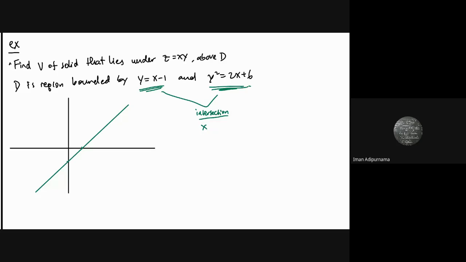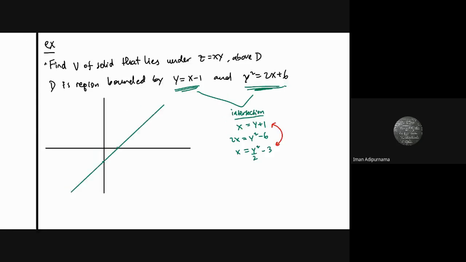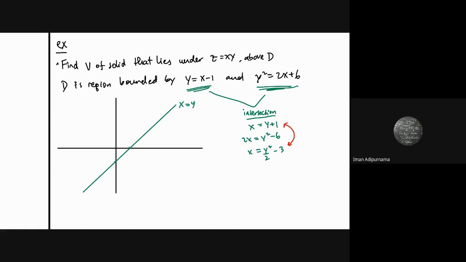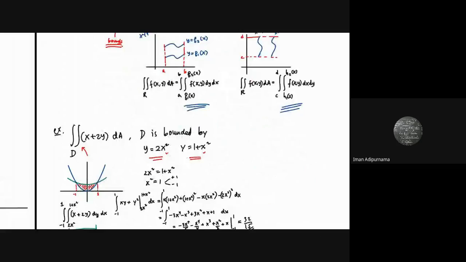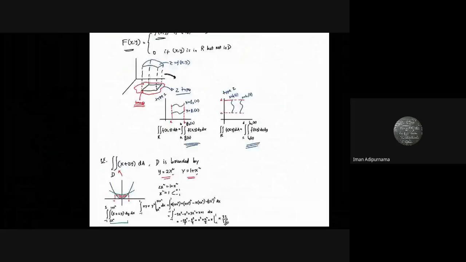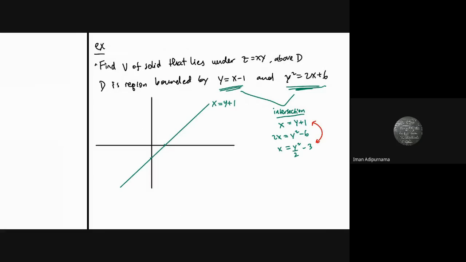So x equals y plus 1, and you can set these two equal, right? So I will write in terms of x equals y plus 1. I think this is much better, instead of using y like in our calculation here, right? So we can take this x equals y plus 1.